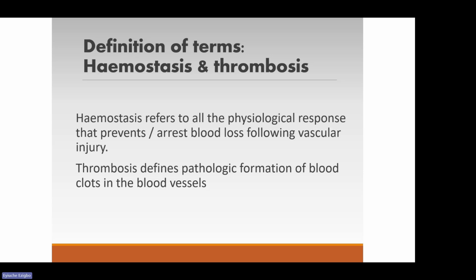All the physiological properties of the blood and even the endothelial cells, as we'll be learning, contribute to the maintenance of blood in a fluid state, and also all the physiological responses from the blood components and endothelial cells that enable them to stop or arrest blood from flowing out of the vascular system in the course of injury explain the term hemostasis. While thrombosis defines the pathologic formation of blood clots in the blood vessels.